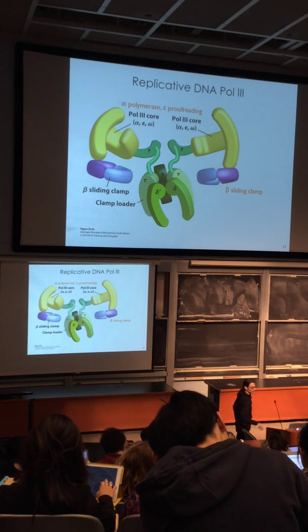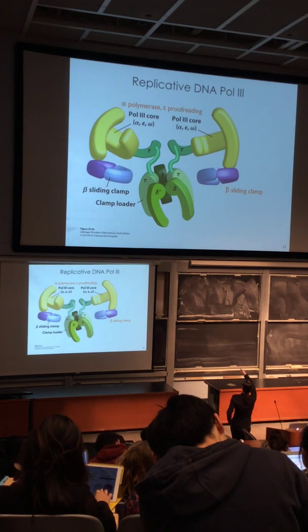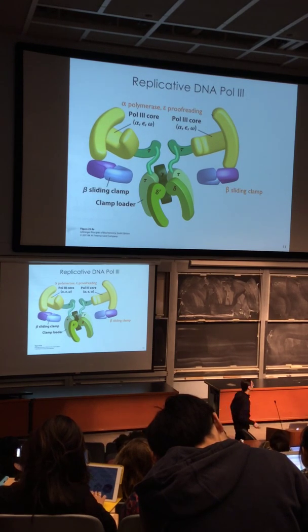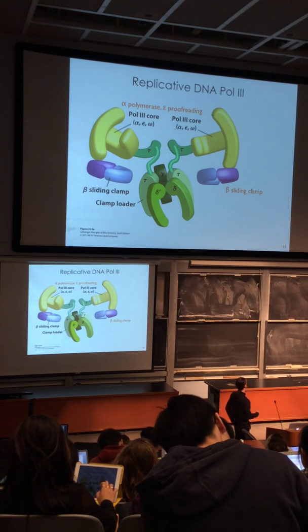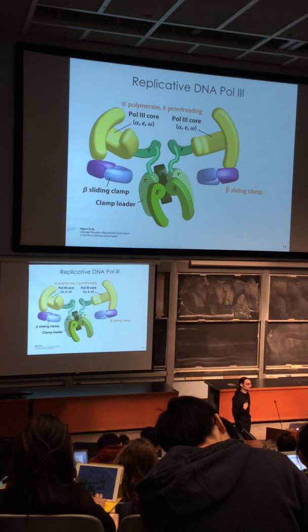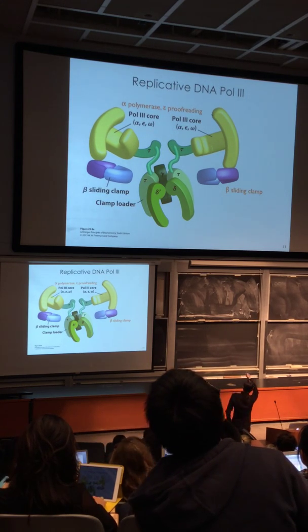So overall, the replicative polymerase has this beta sliding clamp that's attached to the polymerase III core. So this is really the active sites of these enzymes, the alpha subunit. Each of these Greek letters represents a distinct polypeptide chain, so all of these proteins assemble this large complex.